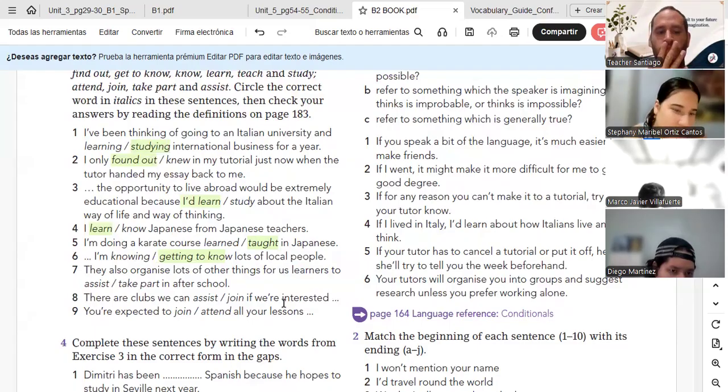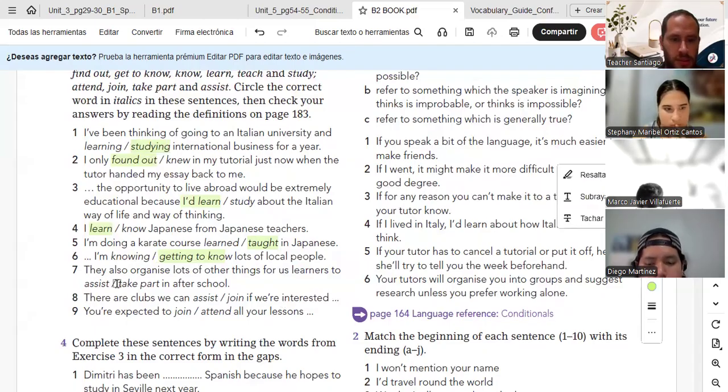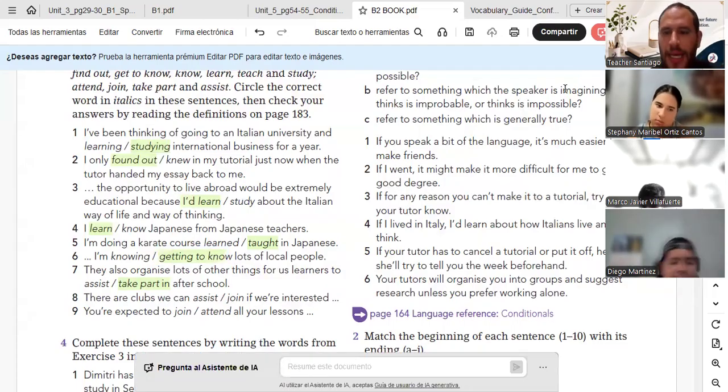They also organize lots of other things for us to take part in after school. Okay, because it's missing context, but let's say yes.